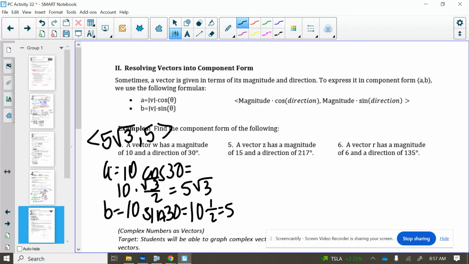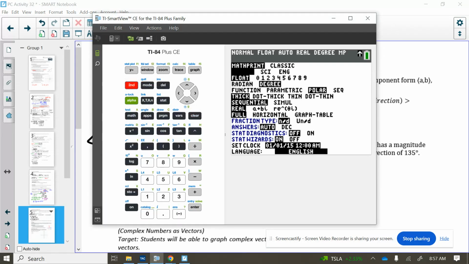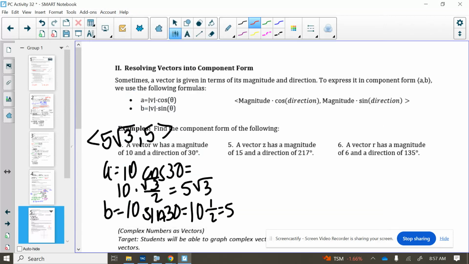Our next one for vector z, notice our magnitude and direction. Our direction is not from the unit circle, so we're going to have to make sure we are in degrees mode, and we are going to just use our calculator to approximate. 15 times the cosine of 217 would be about negative 11.978. Again, a is going to be magnitude times cosine theta.